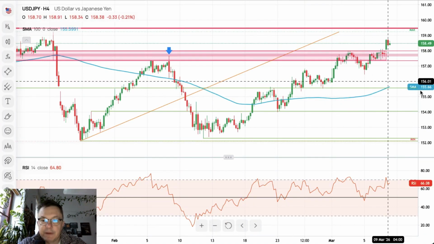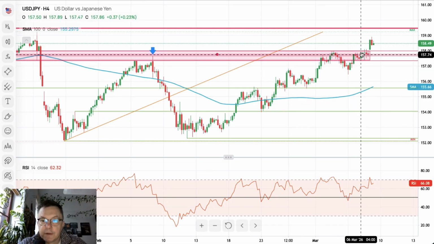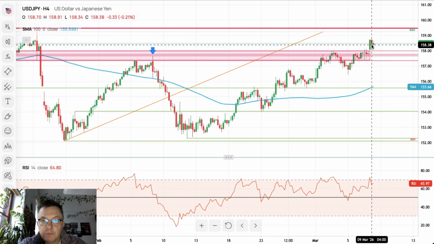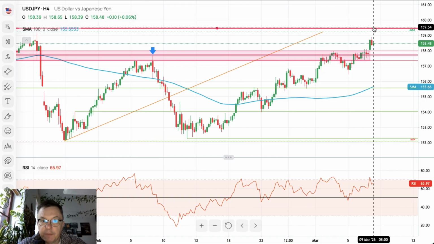US dollar versus the Japanese yen. This market finally breaks above the supply zone, moves toward 158.91, which is not that far away, apparently very close to 159.46. This is the previous wave up swing high and the target for the bulls.